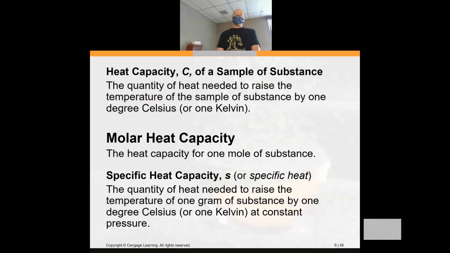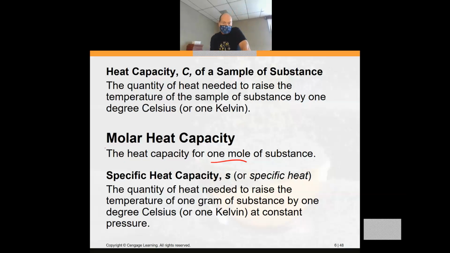All right, so we're going to talk about the molar heat capacity and the specific heat. It is the quantity of heat needed to raise the temperature of a sample of a substance by 1 degree Celsius. That is your heat capacity. When you're doing molar heat capacity, it is for 1 mole: how much heat is required to raise the temperature of 1 mole of the substance 1 degree Celsius.